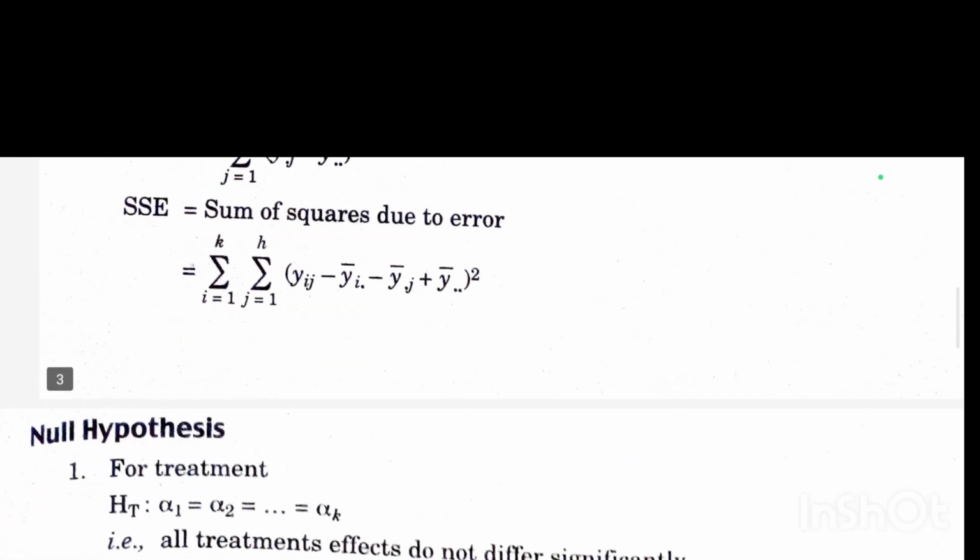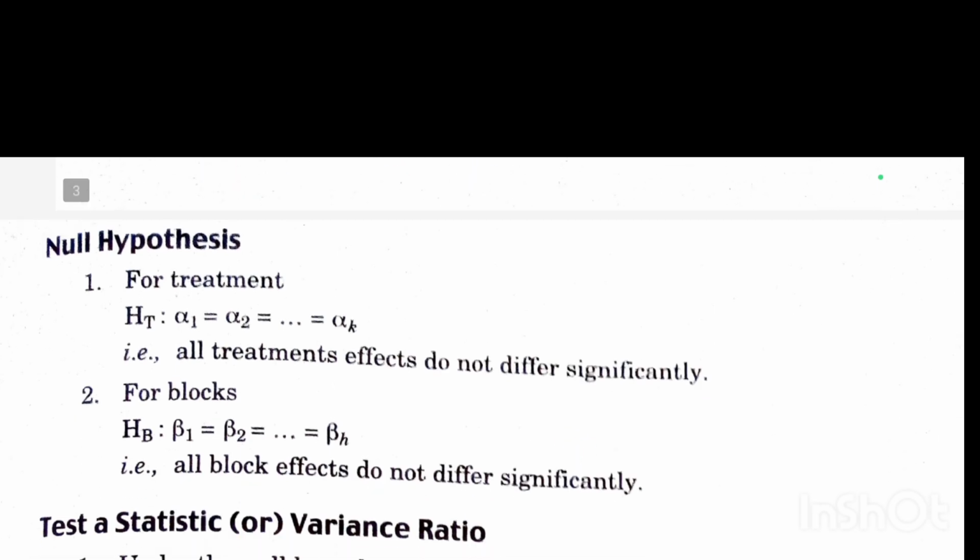The null hypothesis: here we are testing that all the treatment effects, alpha 1, alpha 2, up to alpha k, do not differ significantly, because we are assuming that they are all equal. Beta 1, beta 2 and so on also do not differ significantly, that is, the blocks also give equal performance.